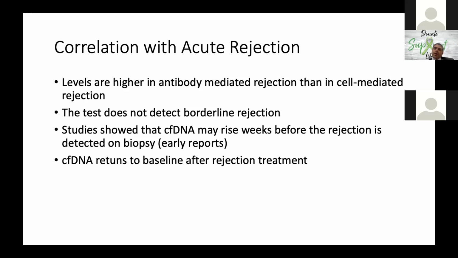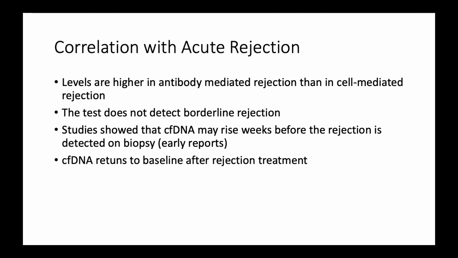That's whereby the body had identified the organ, formed antibodies towards the organ, and these antibodies are in the circulation, and they would attach to the lining of the organ, and then that will start an inflammatory process, so-called antibody-mediated rejection.